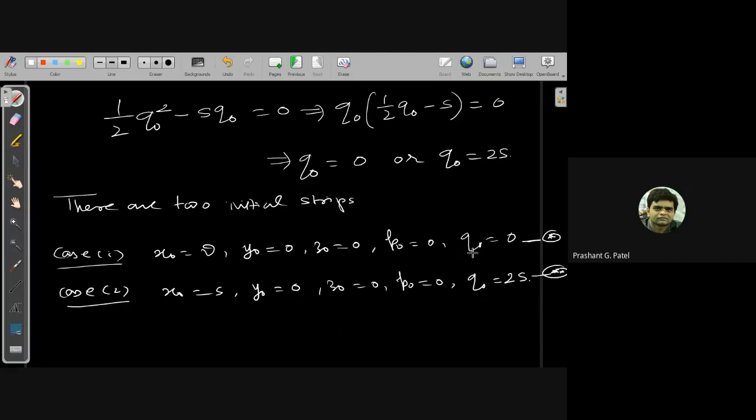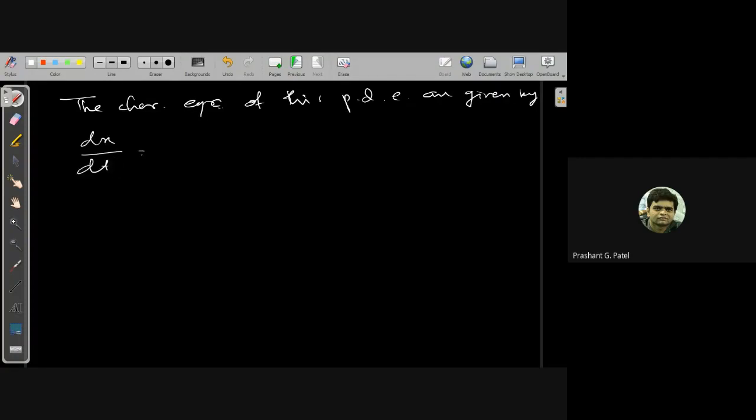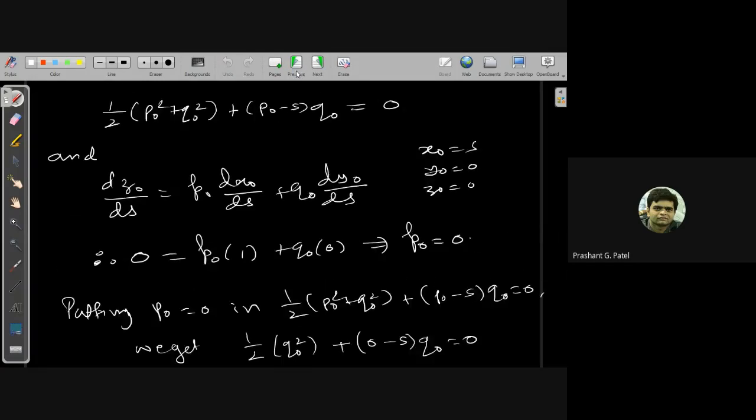In step 2, we have to solve the characteristic equations of this PDE. They are given by dx by dt is equal to fp. We have the function f.